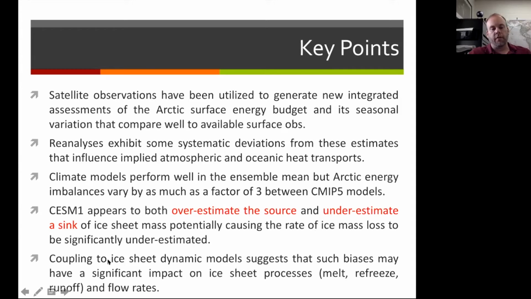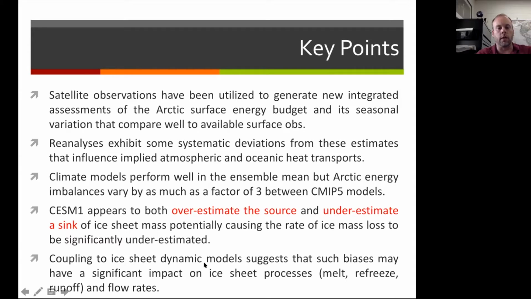And I'll add one further point here, and this is again coming back to modeling. This is some new work we're working on now: if we can couple these observational estimates to ice sheet dynamical models, we can actually get some insights into exactly what the impact of various biases are on the specific processes that occur on the ice sheet.